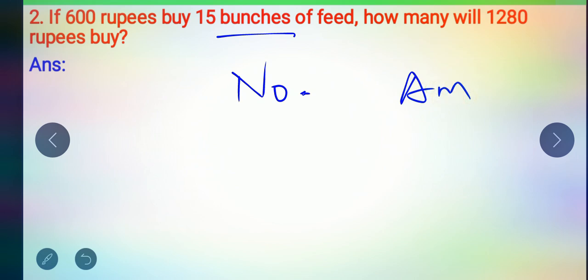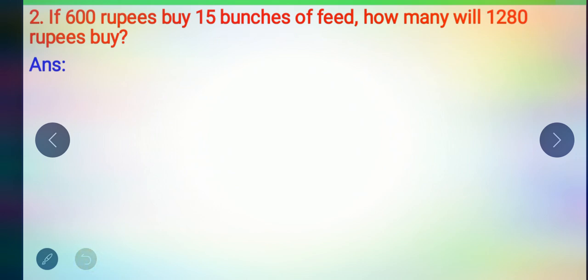It is obvious that when the number of bunches increases, the amount will also increase. This is direct proportion. In this chapter all the questions are of direct proportion only. We know that in direct proportion the ratio is equal, students.